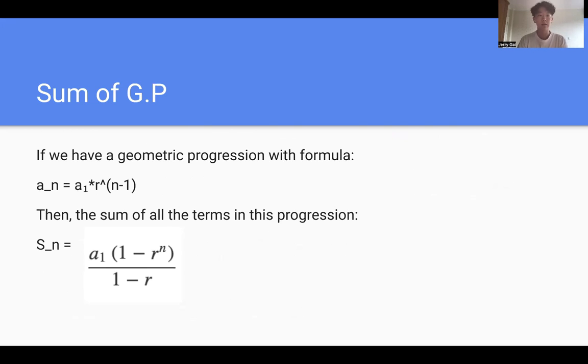It is a1 multiplied by (1 minus r to the power n) over (1 minus r). The proof of this summation formula is not that easy to explain here, so I didn't include it. I think you just need to remember this formula, that's enough.